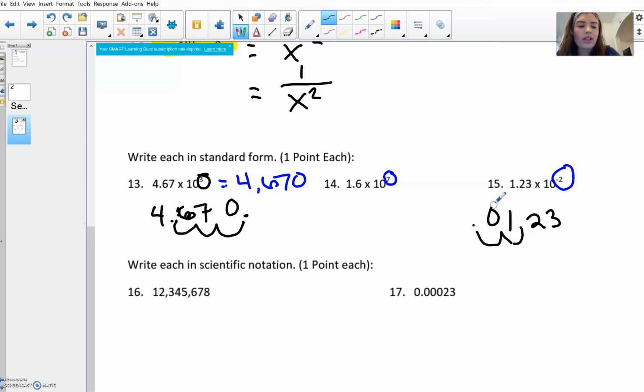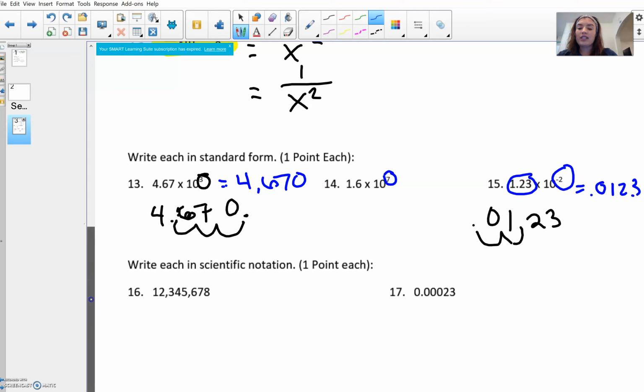So we have 0.0123 as our answer. Remember, if you have a negative exponent, your number is going to get smaller. See how it became a smaller decimal? That's what should happen when you have a negative exponent.